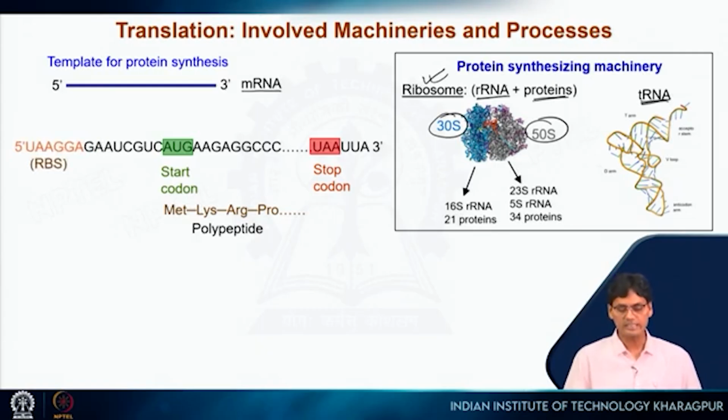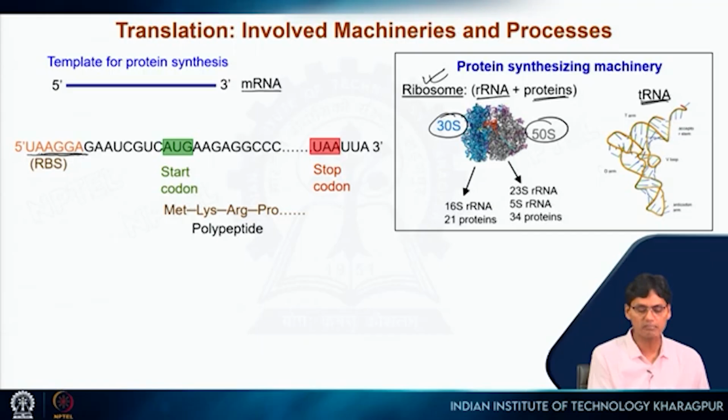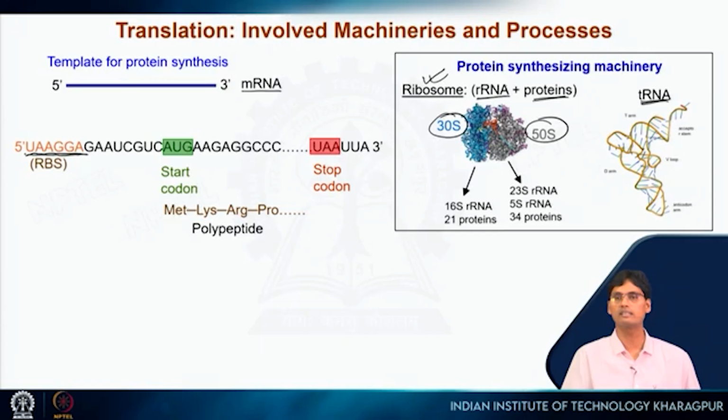Now, see how the ribosome will actually bind to this mRNA. For example, in the bacterial system, they have some specific sequence at the 5' end of the mRNA, and that will attract the ribosome. The ribosome will get attached to this site, and this is again some kind of Watson-Crick base pairing, because I already mentioned the ribosome is made up of rRNA and proteins.